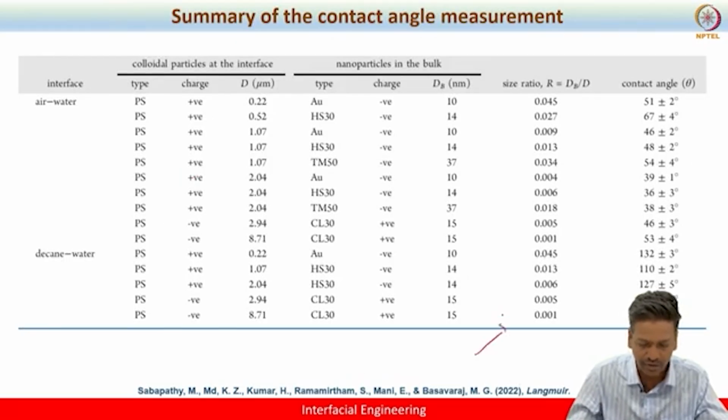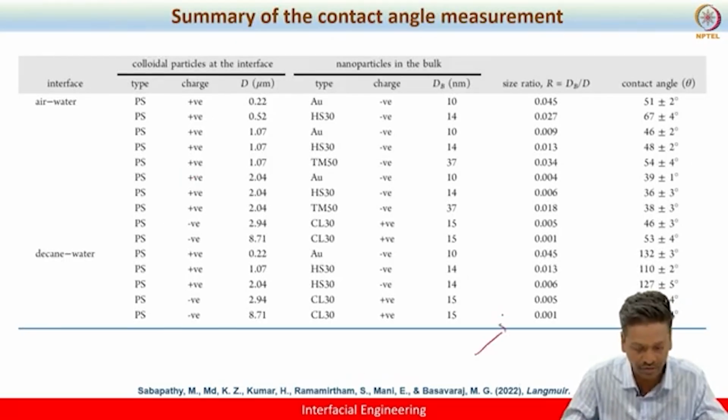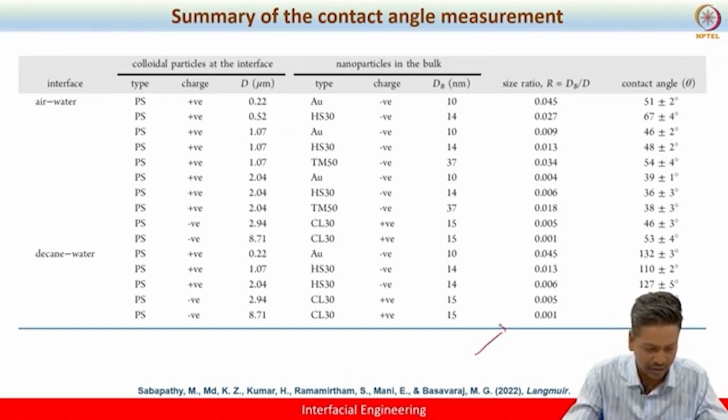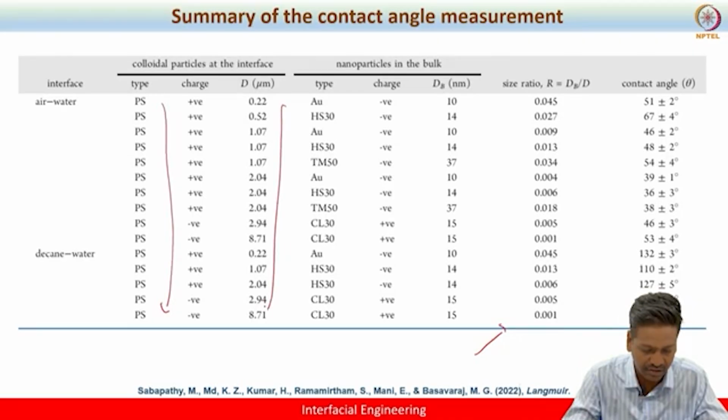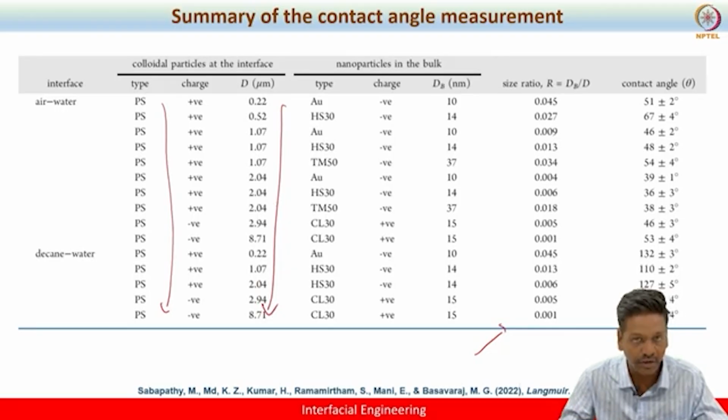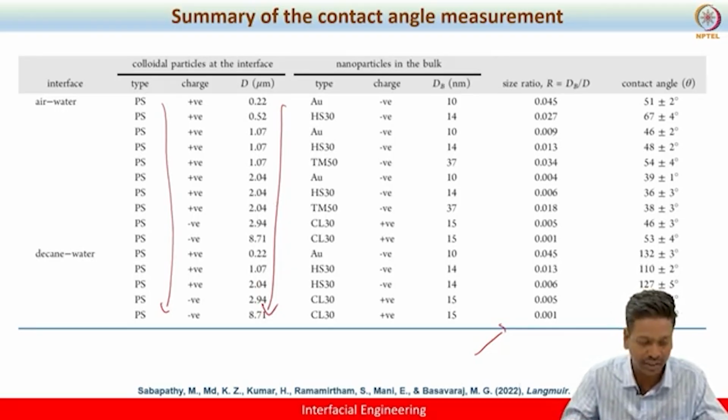This is the summary of the contact angle measurement. You can see that particles with different charges and different sizes can be used, so this method can be employed to measure theta for a range of particles, right? Having different sizes, having different charges, right?